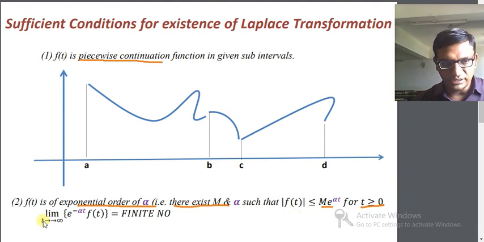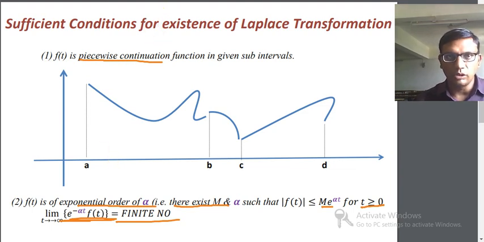In other words, the limit as t tends to infinity of e raised to minus alpha t into f of t should be finite, then we can find the Laplace transformation of f of t. These are the most important conditions, but we can handle them by theorems. Here we are not concentrating on this portion majorly.